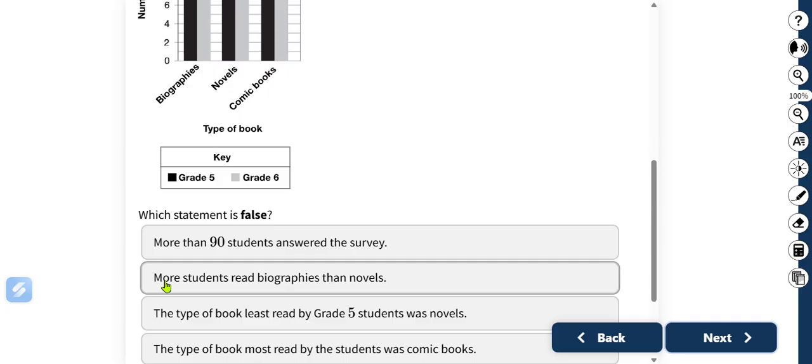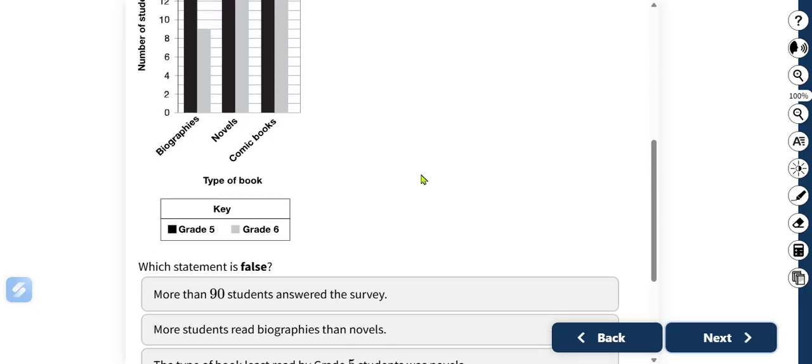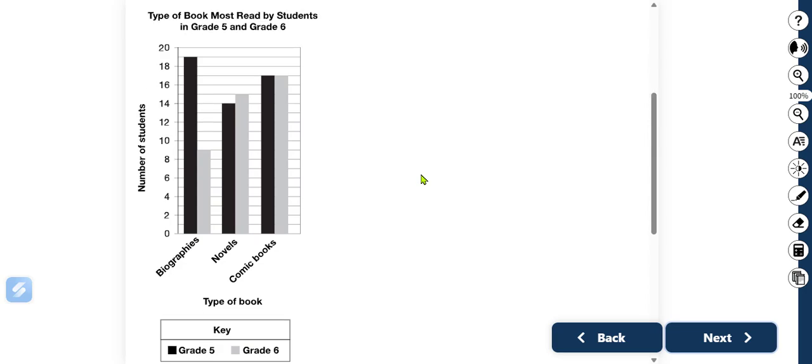The second is more students read biographies than novels. Now let's check. So here the number of students who read biographies is 19 plus 9, which is 28. Novels 14 plus 15, which is 29.